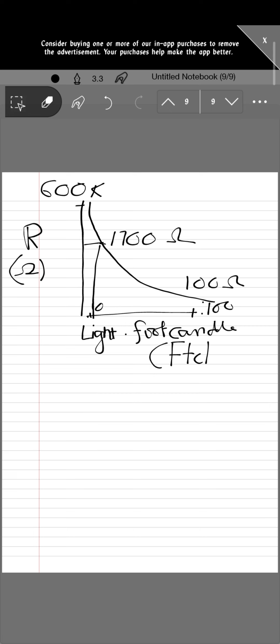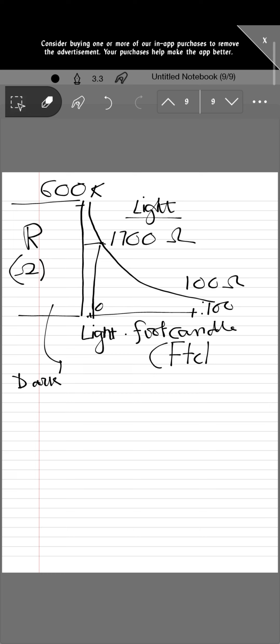This region can be considered the dark region, where there is no light, and this region corresponds to light. This is how the plot looks.